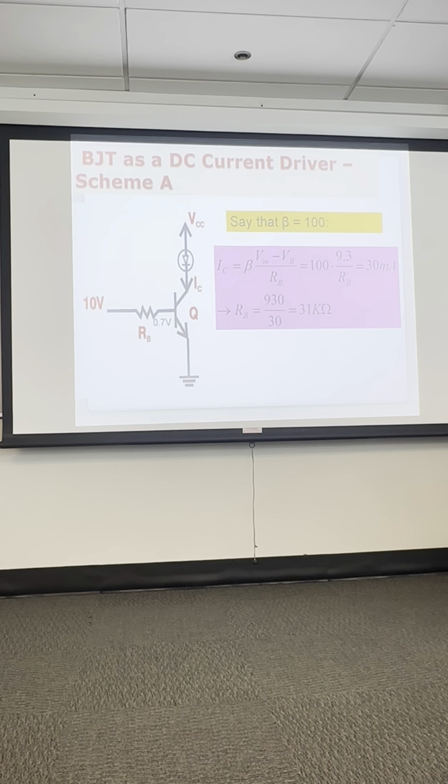So the LED requires 30 milliamperes, beta is 100, and now we only have one unknown, which is R sub B. So R sub B is around 31 k ohms.